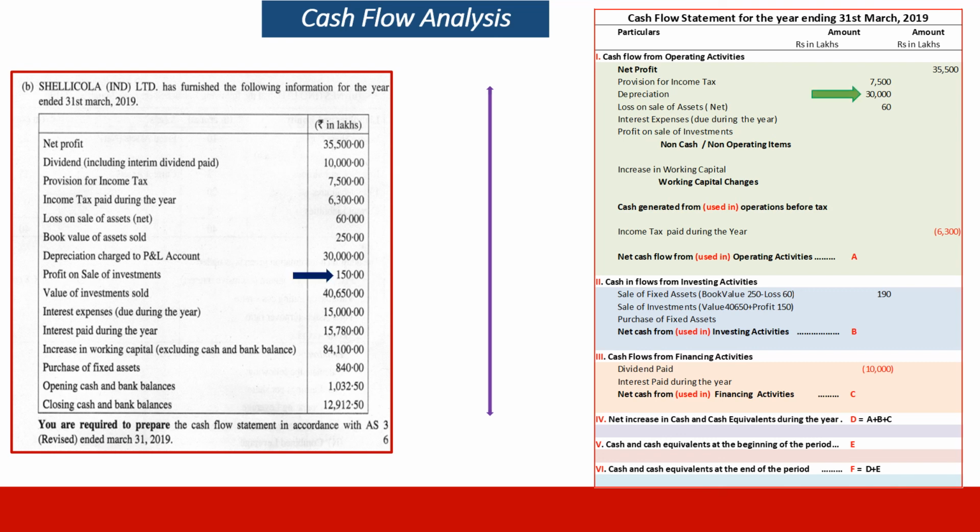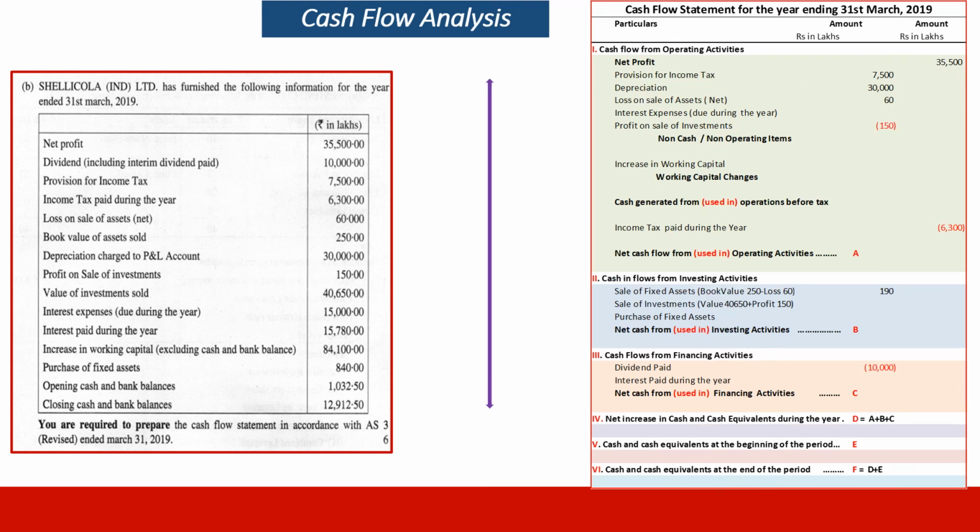Then comes profit on sale of investment, which is inflating our profit. Now we have to remove it. It has to move to investing activities, and therefore its place will be profit on sale of investments. It will be deducted, just like we saw in case of assets. We said loss on sale of assets 250 minus 60.